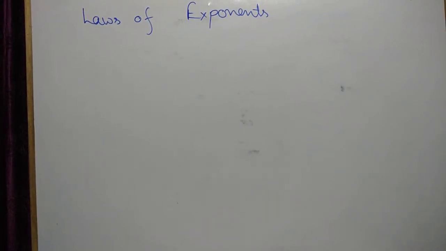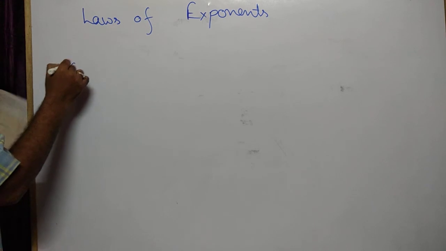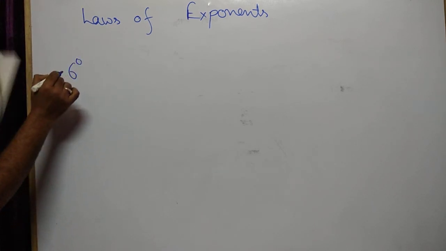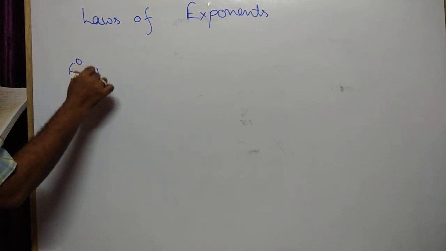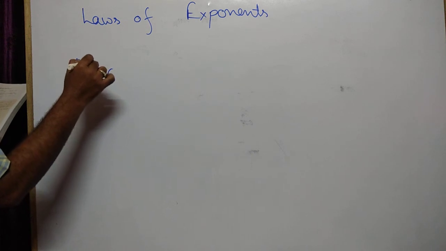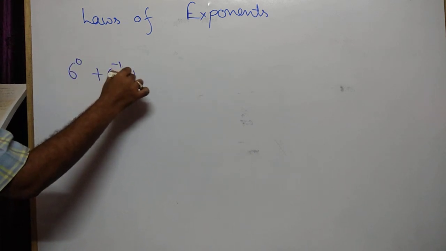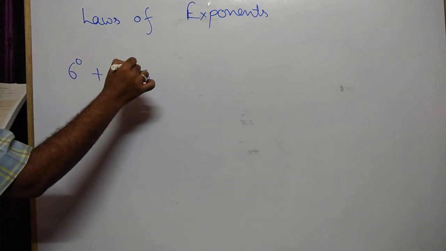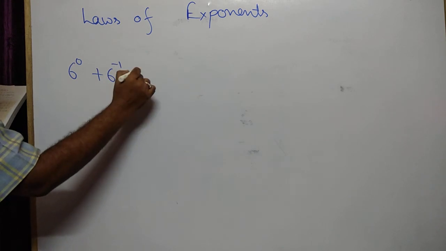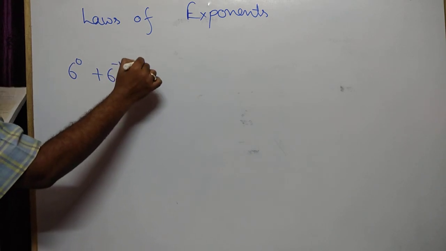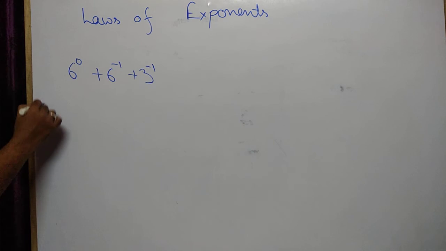Another question is 6 to the power 0 plus 6 to the power minus 1 plus, not 6, it's 3 to the power minus 1. How do we solve this one?